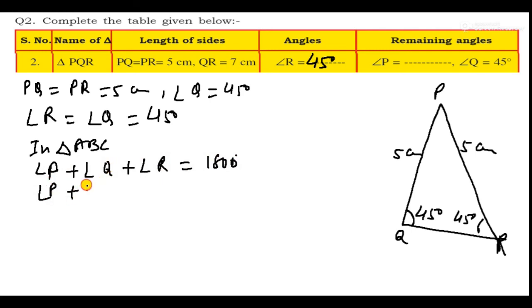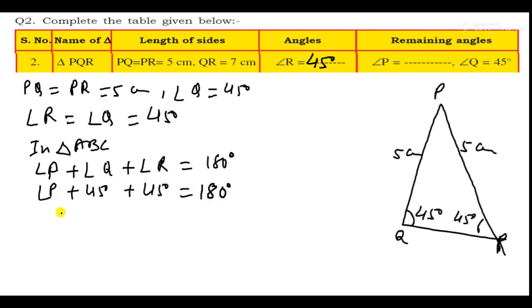Angle Q is 45 degree and angle R is 45 degree, and it is 180 degree. You have to see it is only 180 degree.